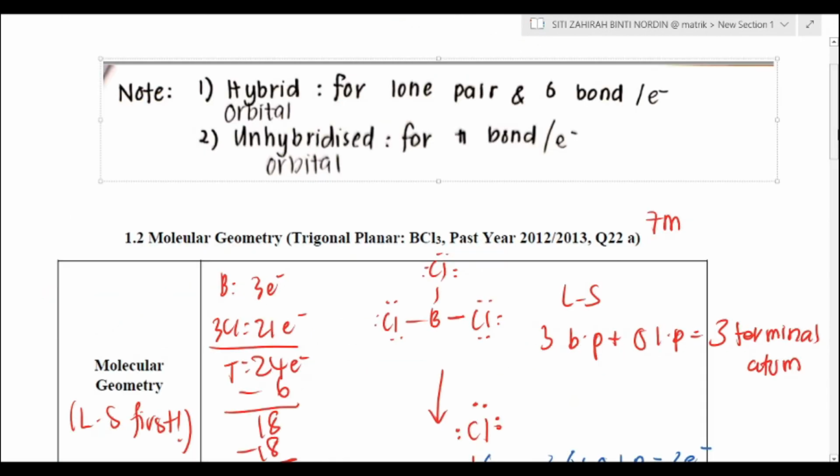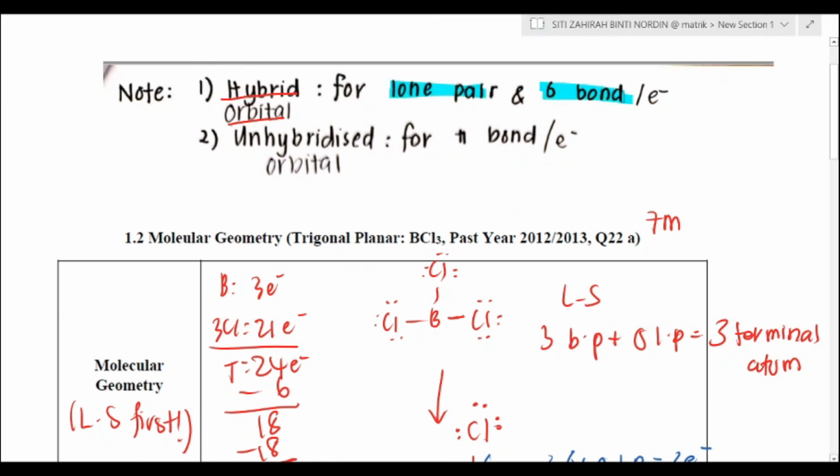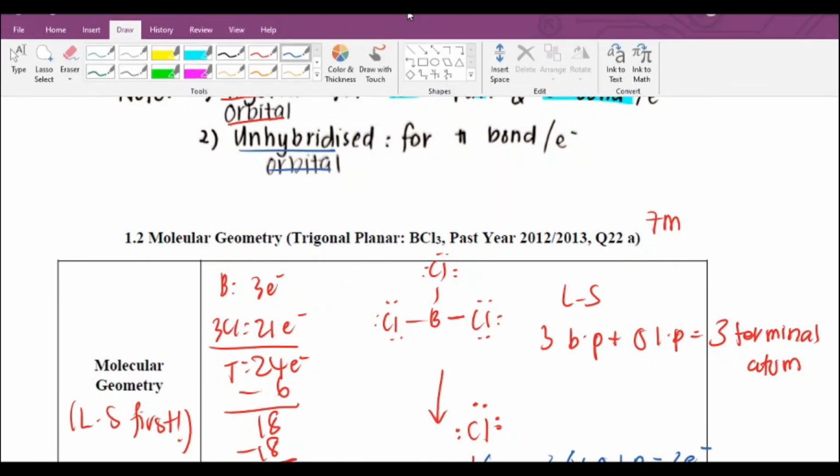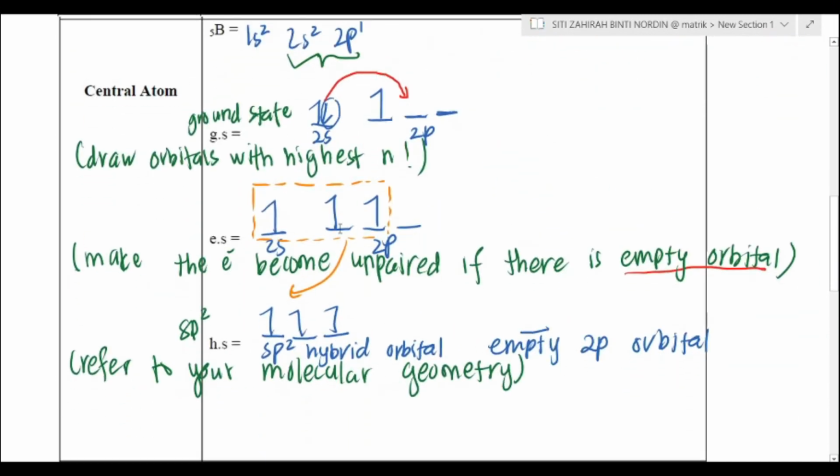Thank you. Sorry class, one thing I forgot. I want you to write down these notes anywhere in your tutorial. Check for hybrid orbitals: they are reserved only for lone pairs and sigma bond electrons. But for unhybridized orbitals, we're going to do it for CO2, which has a pi bond. It is reserved only for pi bonds. So check with your hybrid state: sp2 hybrid orbital, this is the hybrid orbital.